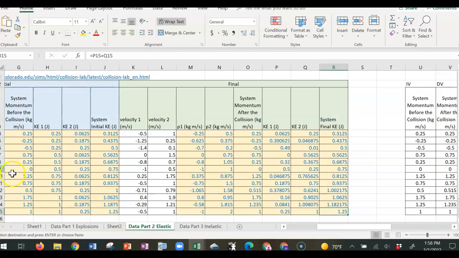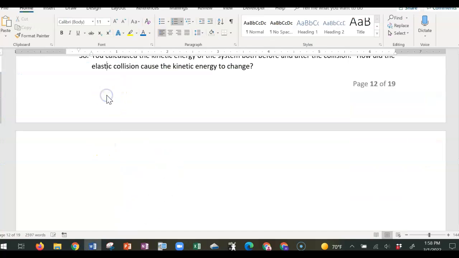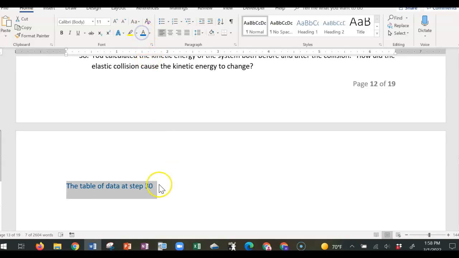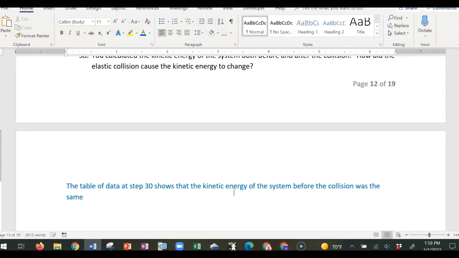We want to say that the table of data at step 30, because that's where we should have pasted our table, is where the evidence is. That table of data shows that the kinetic energy of the system before the collision was the same as the kinetic energy of the system after the collision in every case.